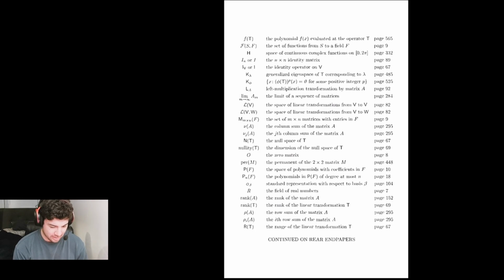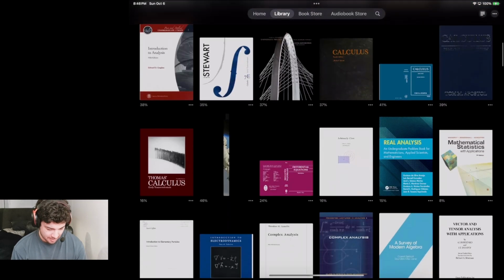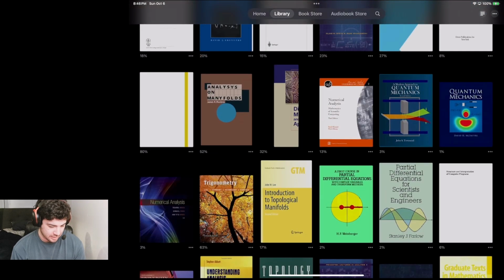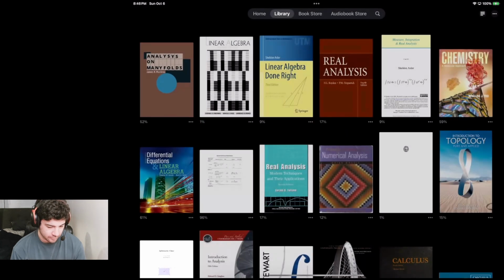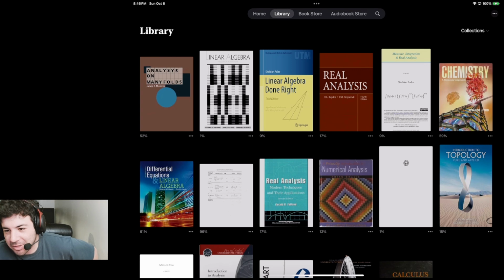Moncrief has a good topology book, if I remember correctly. And this one, Manifolds. I'm assuming you took topology, right? Yeah, topology. Yeah, that is crazy.